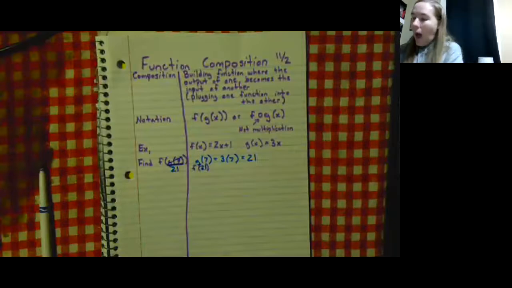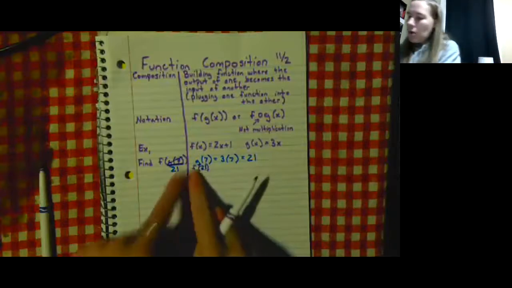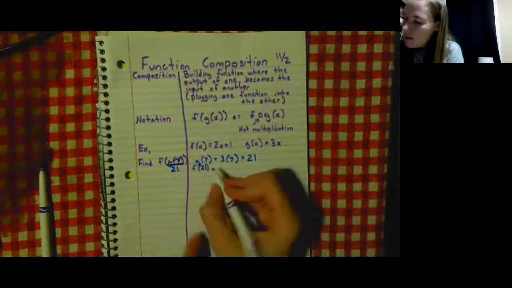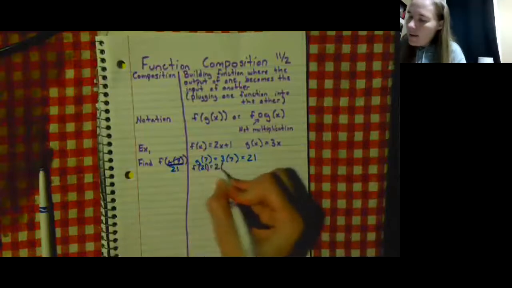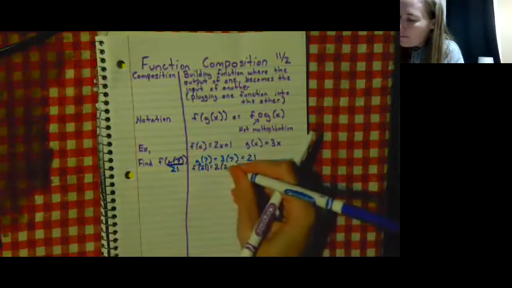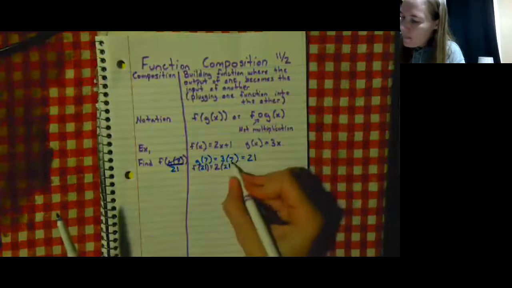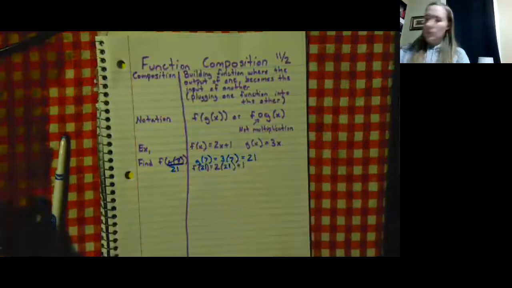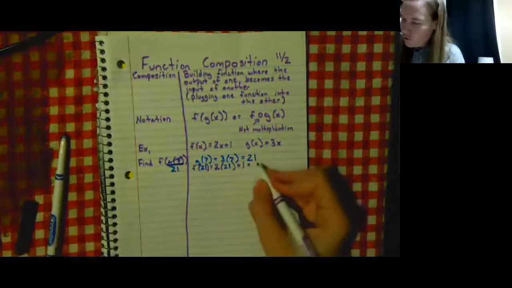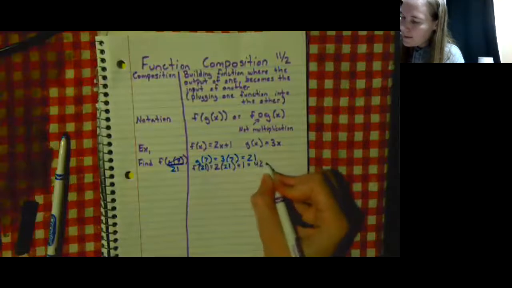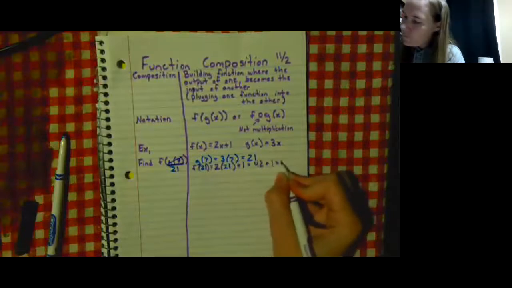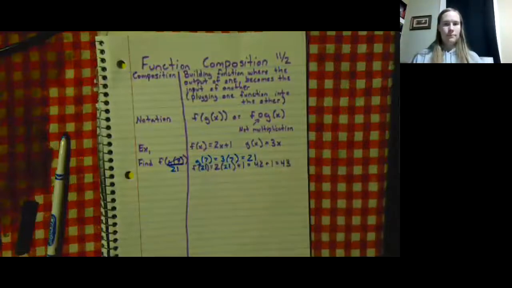So now I know how to do this. This is just my regular evaluation. My f of x equation is right here. So it'd be 2 times 21 plus 1. That would give me 42 plus 1, which is 43.